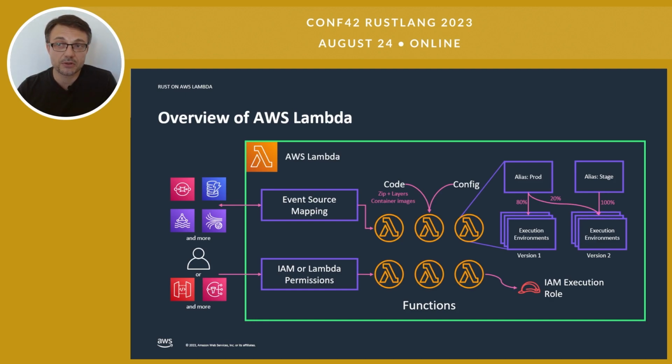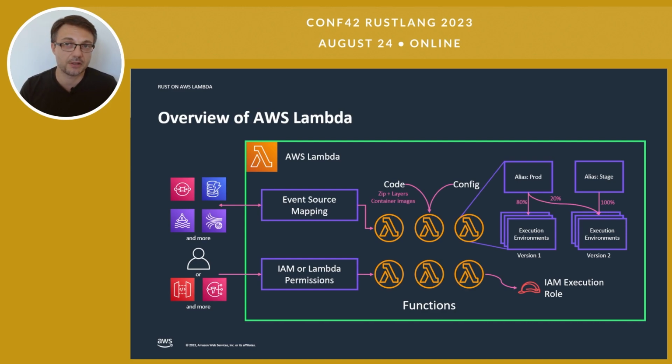Then, of course, because your lambda function needs to react to different events, you will need to configure either event source mapping or provide a way how your lambda function will receive those events from the external sources. And there are different things which allow you to version your lambda functions, to use different deployment strategies, etc. But I'm not going to focus a lot on this aspect.